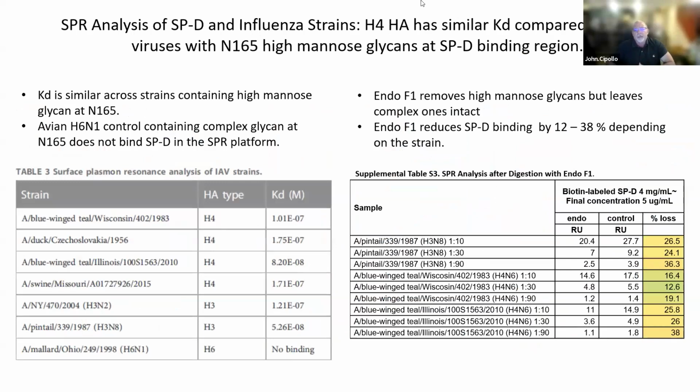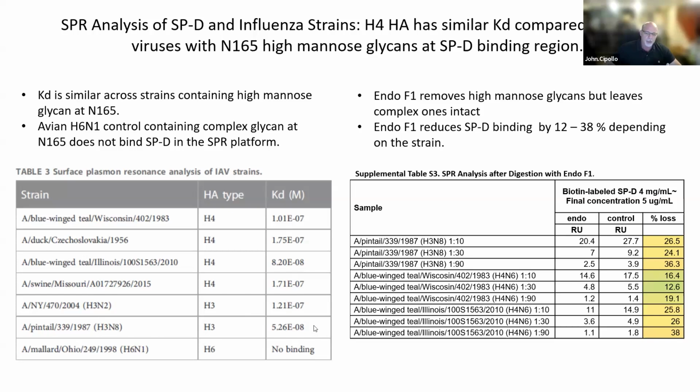So we looked at interaction with SPD by SPR this time. We linked the SPD to the matrix of the SPR platform, and then we analyzed. And what we found was that the binding KDs were really quite similar to Pintail and to the pandemic.